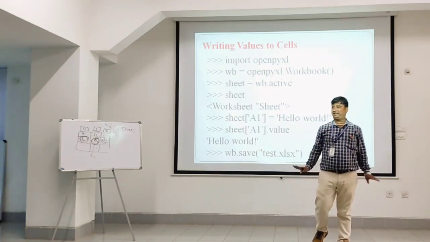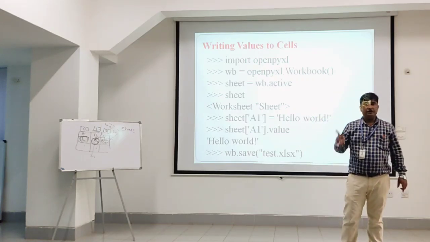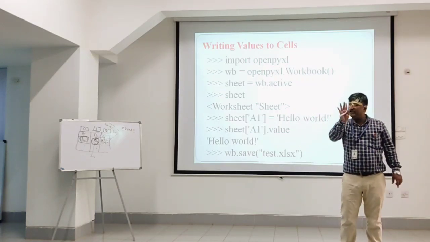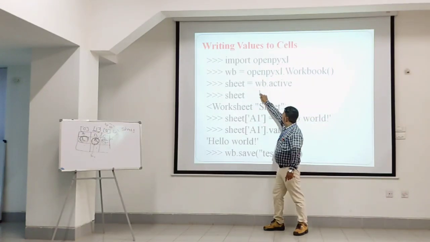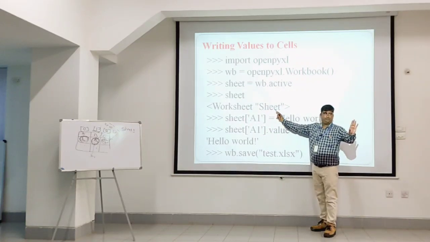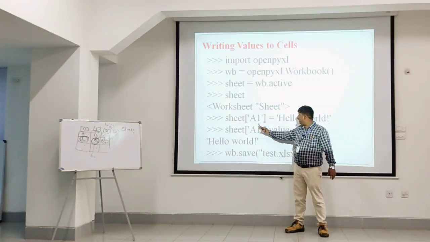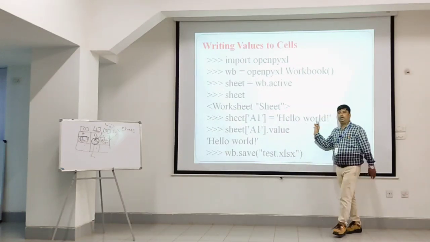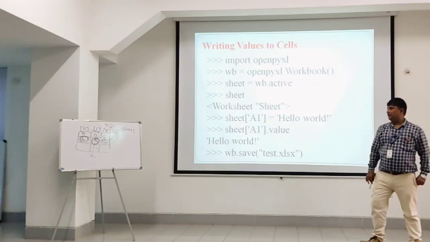How many sheets are created? Only one sheet. What is that sheet name? Sheet 1, sheet 2, sheet 3, or only Sheet? Sheet. So sheet is equal to wb.active. Next, sheet of A1 is equal to what? What does it mean?